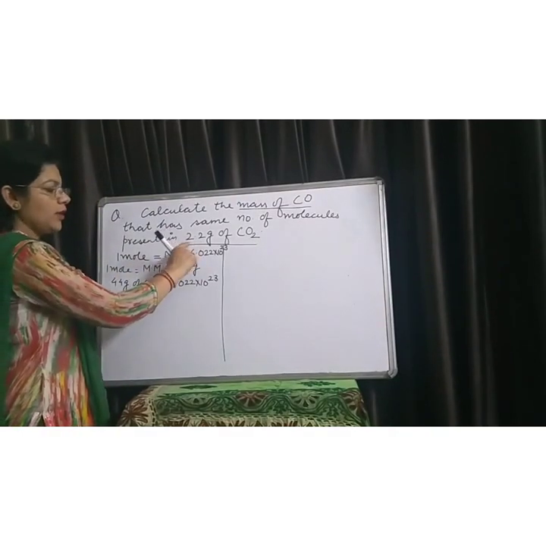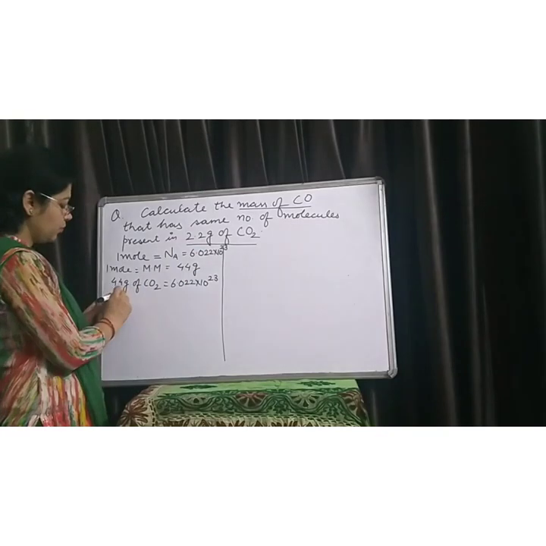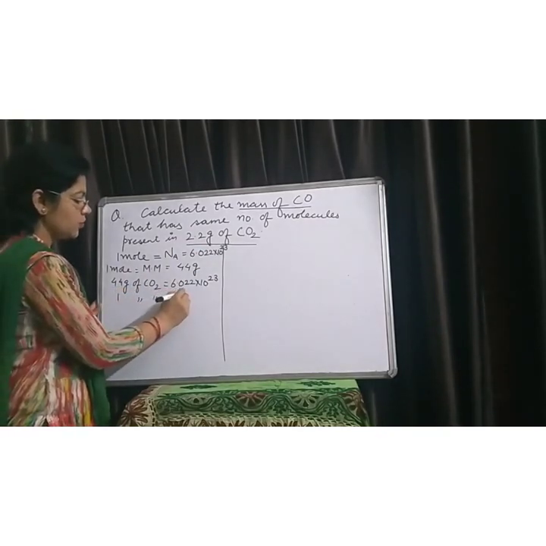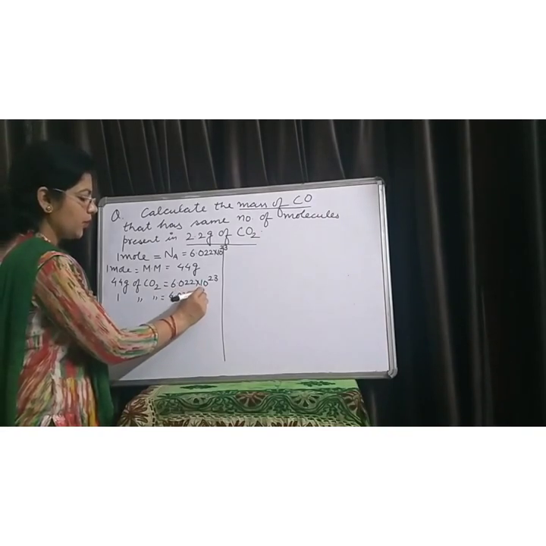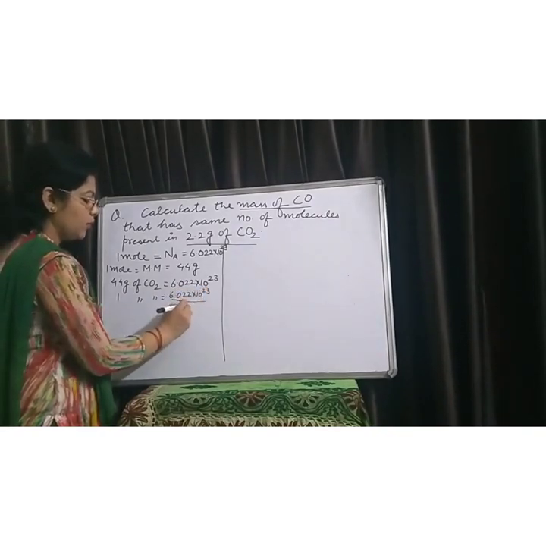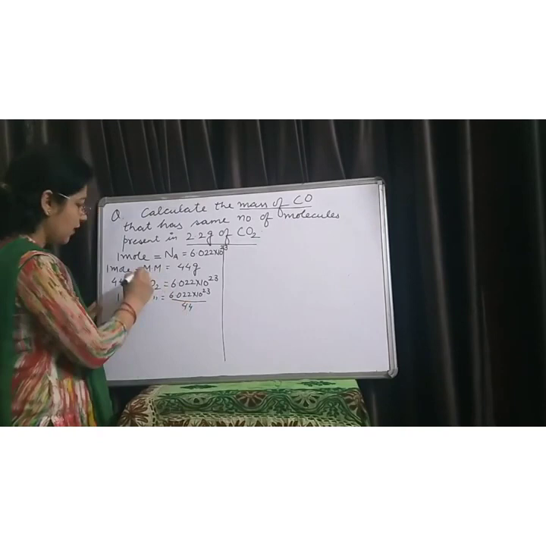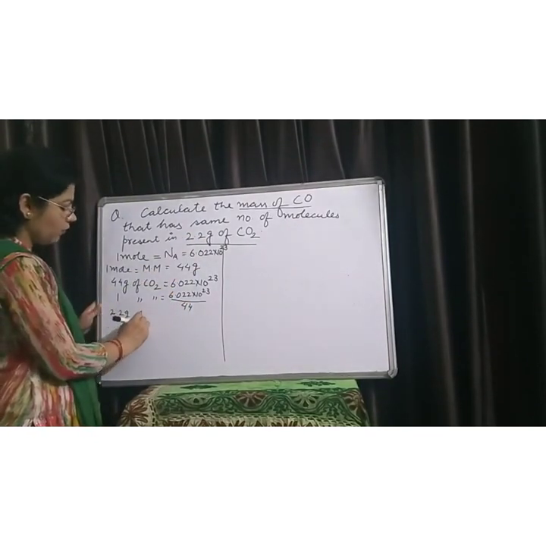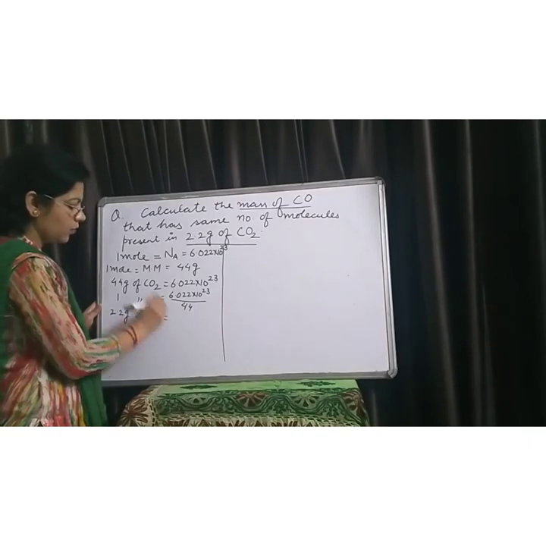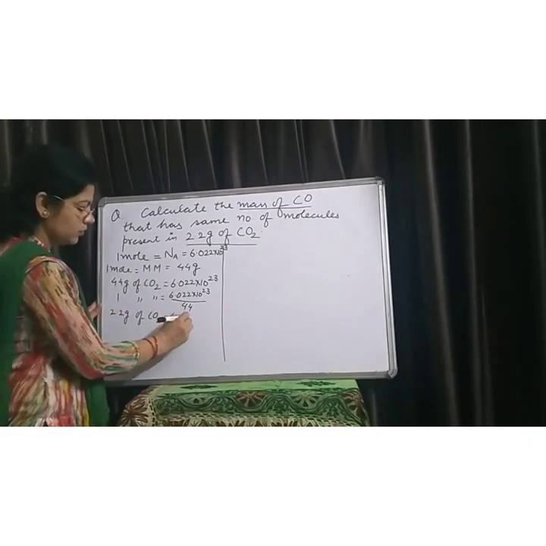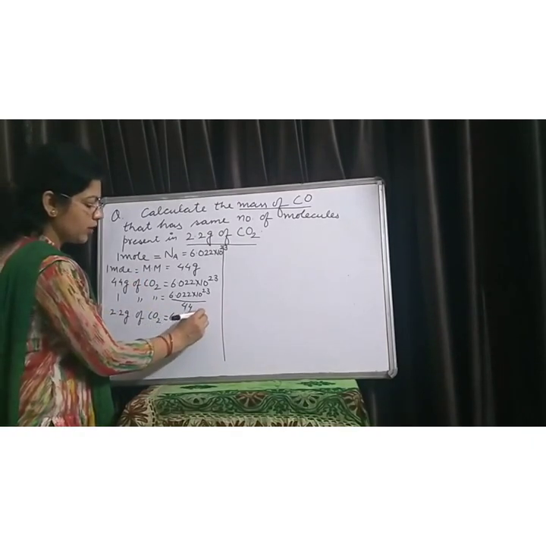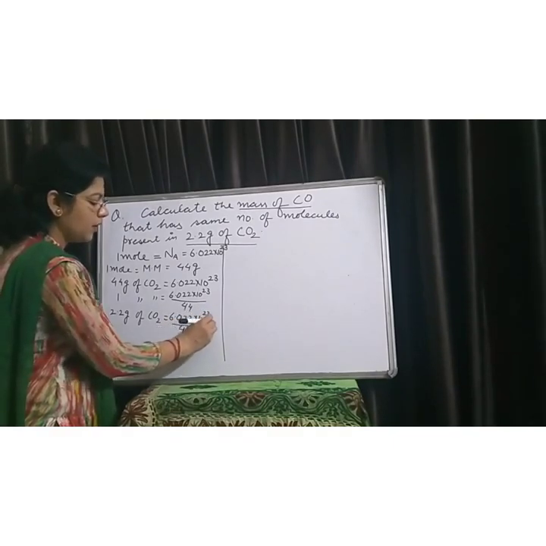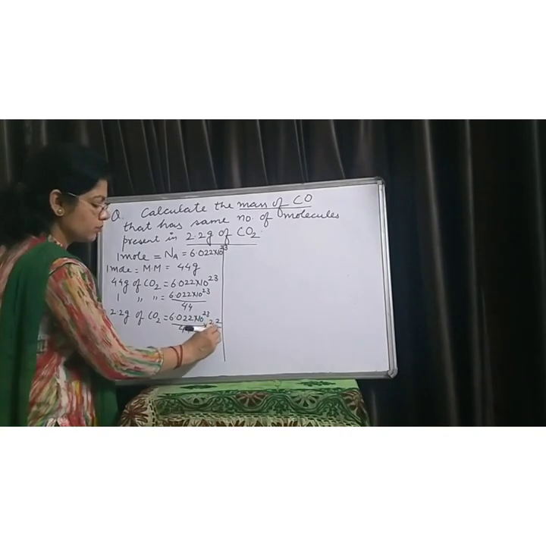As we have to calculate it for 2.2 gram, so put the equation: in 1 gram, 6.022 into 10 raised to power 23 divided by 44, and we have to calculate in 2.2 grams of carbon dioxide, equal to 6.022 into 10 raised to power 23 divided by 44 multiplied by 2.2.